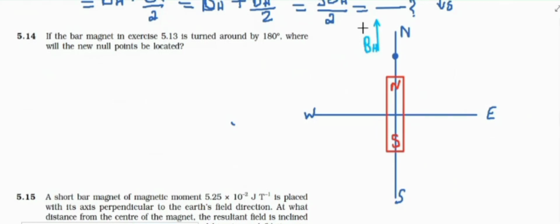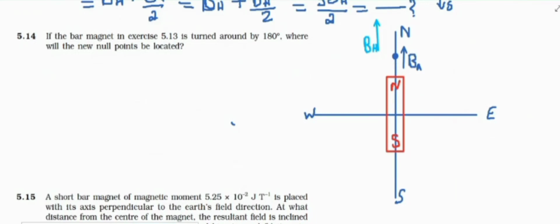The B axial is also now directed upward. As it is the north pole, the field is emerging out. Both BH and B axial are in the same direction, so there is no possibility of getting a null point at the axis.